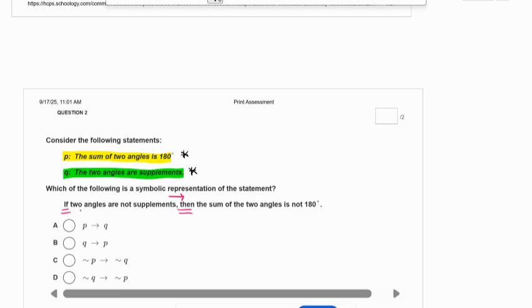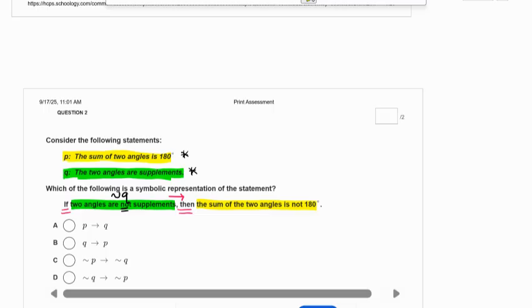All right, it says two angles are not supplements. That mostly matches the Q, except they added in the word not. That means this part is negated Q. The other part of this statement says the sum of the two angles is not 180.